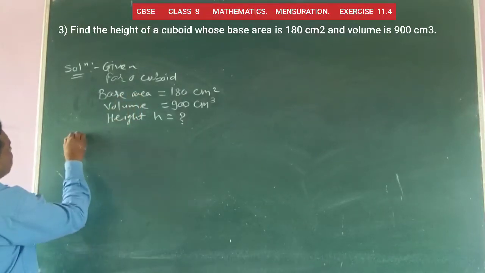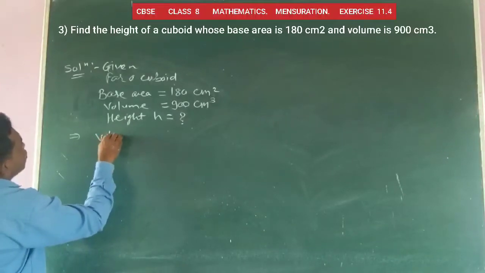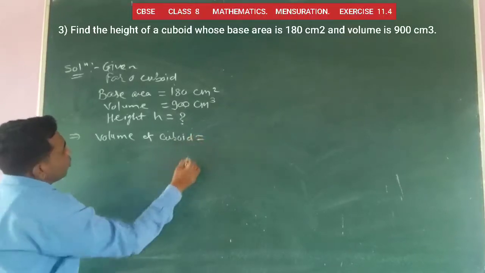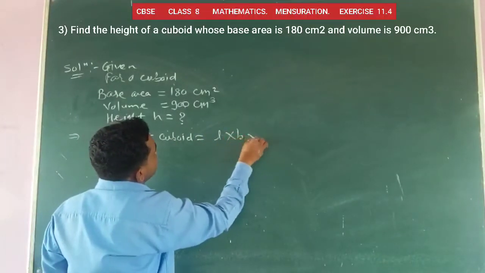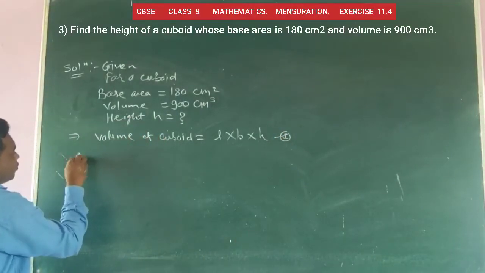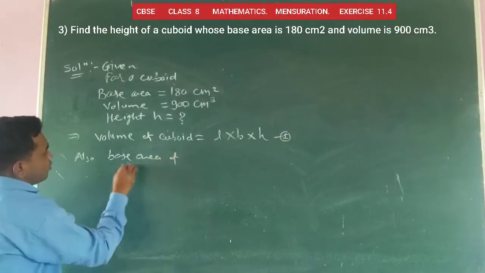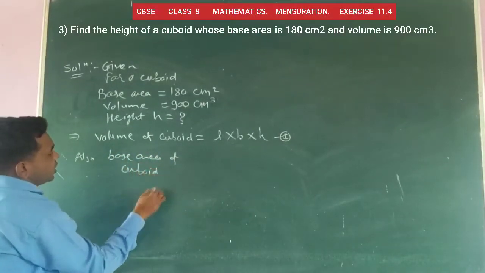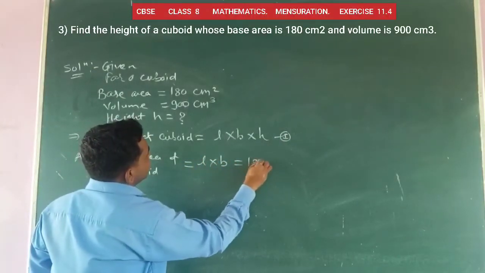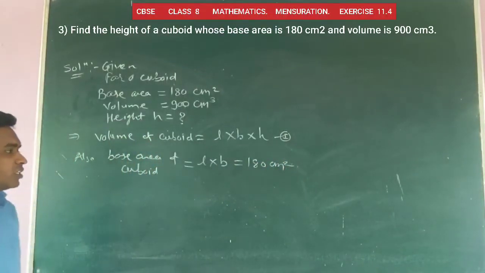For solving this, we write down the formula. Volume of cuboid is L into B into H, equation number 1. The given value is the base area of the cuboid, which is L into B, and its value is given as 180 centimeter square.